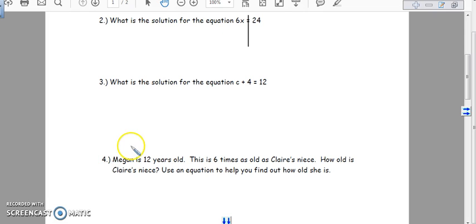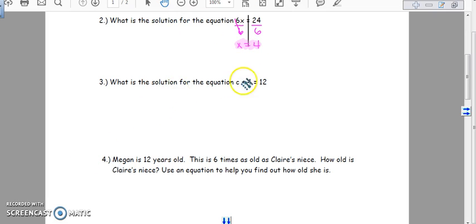No. I need to divide both sides by using that fraction or division bar. I want x by itself, so what do I need to kick out? The 6. So I divide both sides by 6. Those cross off. I get x equals, and 24 divided by 6 is 4. So x equals 4.